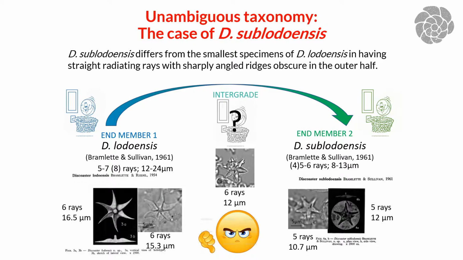But what about this guy in the center of the slide? So it has 6 rays, and the size is 12 microns. So how can we solve this kind of integrated morphology that creates ambiguous taxonomy?